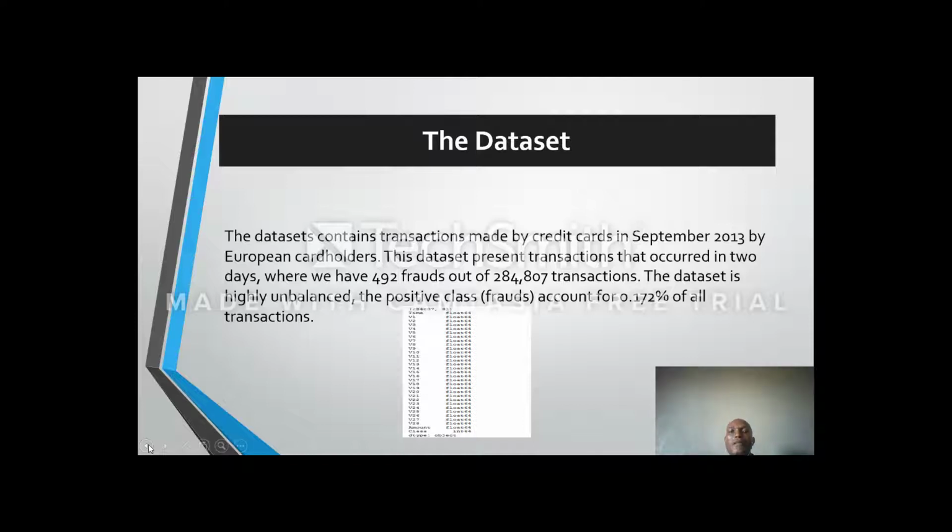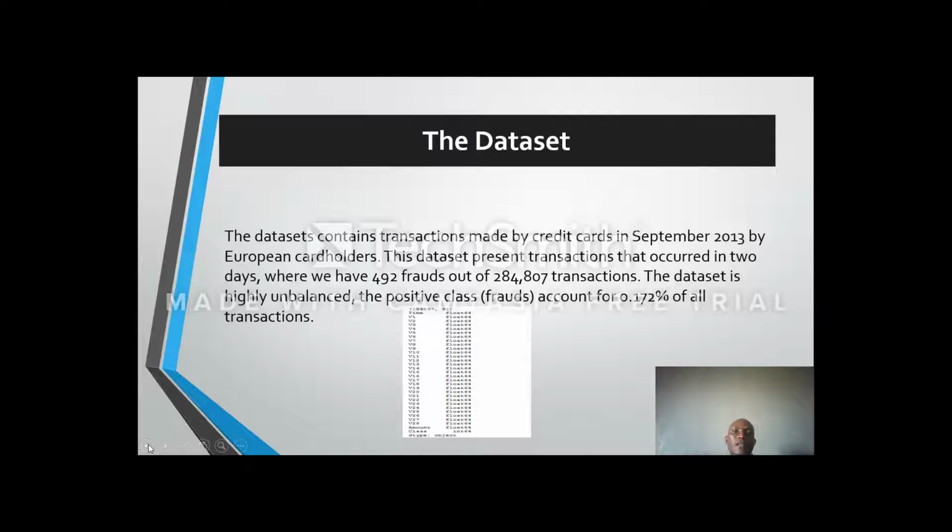The data comprises the transactions of European card holders that occurred over 2 days, from which we have just 492 frauds out of 284,807 transactions.